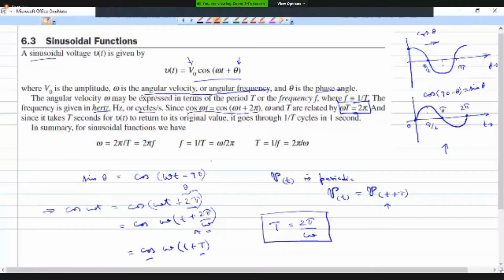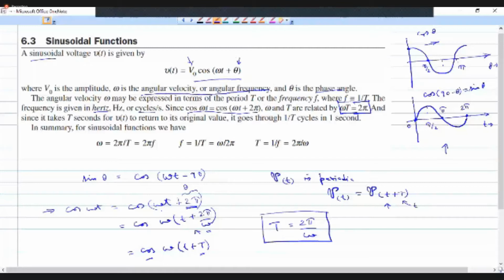Some confusion I made here, but don't get confused. So we know that sine and cosines are periodic functions with period equal to 2 pi. But this period has got a dimension of time, so it should be T. So we cannot put here whatever I have written. 2 pi is having a unit of radians, which is an angle.